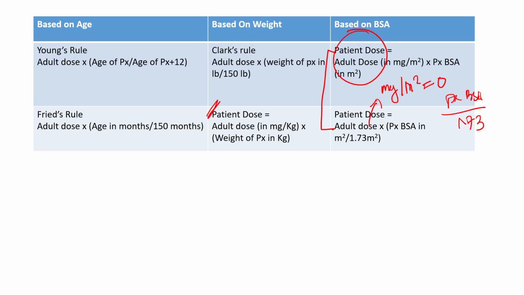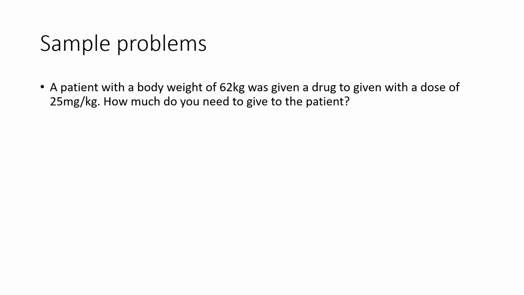So before we move on to the sample problems, I want you to solve on your own. Then I will solve the problems in this video. So first one, a patient with a body weight of 62 kilograms was given a drug with a dose of 25 milligram per kilogram.